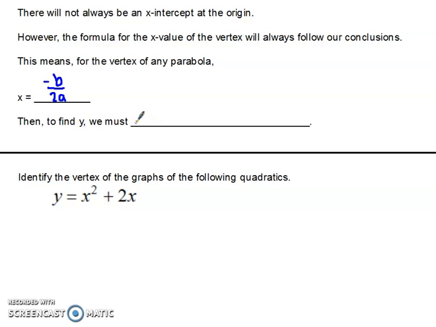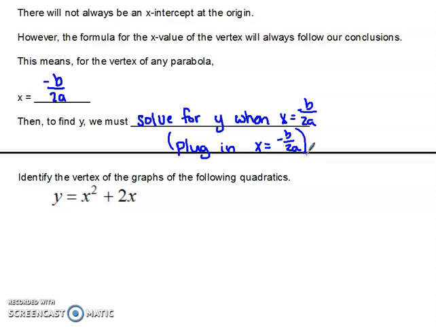Then, to find y, we must solve for y when x equals negative b over 2a, or in other words, plug in x equals negative b over 2a. I'll show you one and then I'll ask you to practice a few on your own.